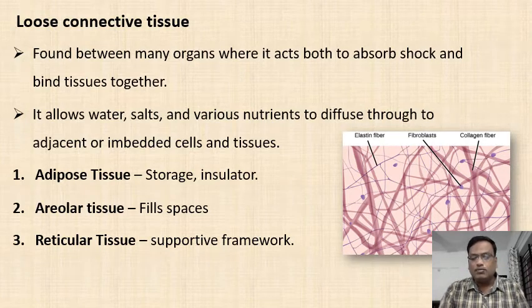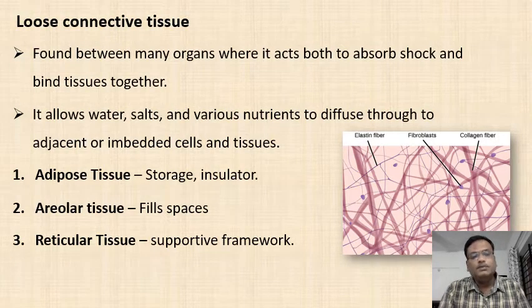As we already discussed, it is just a middle component found between the different types of tissues and tissue cells, so it allows the movement of all kinds of molecules across it.